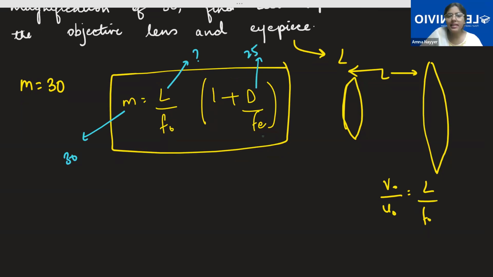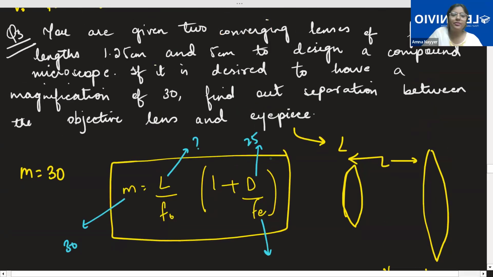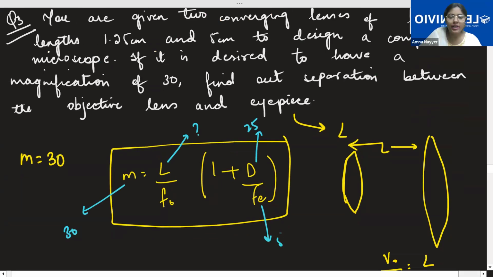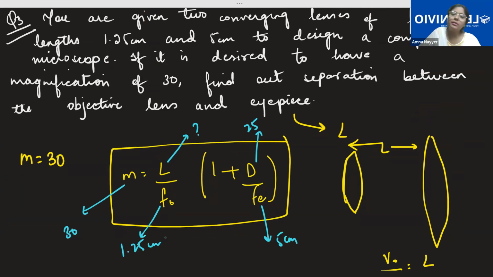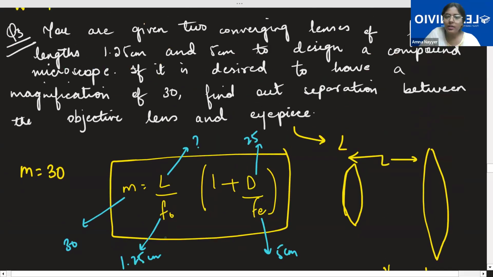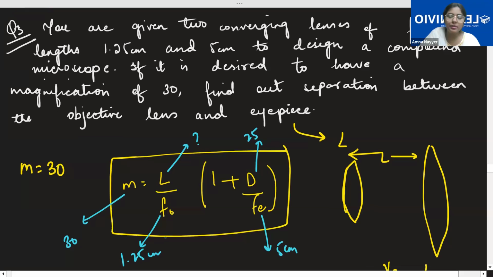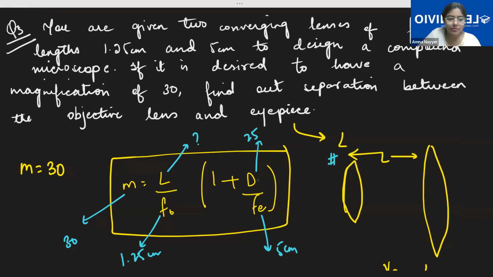D will be 25 centimeter. Fe is given as 5 centimeter. Fo is given as 1.25 centimeter. That will be your answer in centimeters. Okay. See, what's the answer coming here? And just add this length of microscope concept.